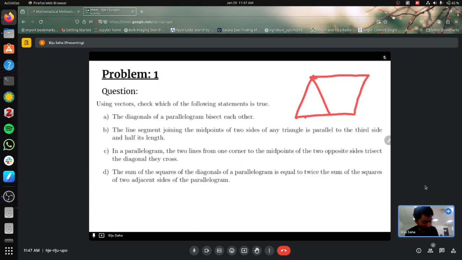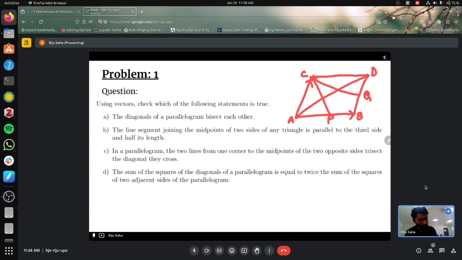Say with vertices A, B, C, a line originating from C crosses the midpoint of AB, that is P, and a line originating from C goes to the midpoint of BD, let it be Q. It is being asked to prove that these two lines trisect the diagonal AD.